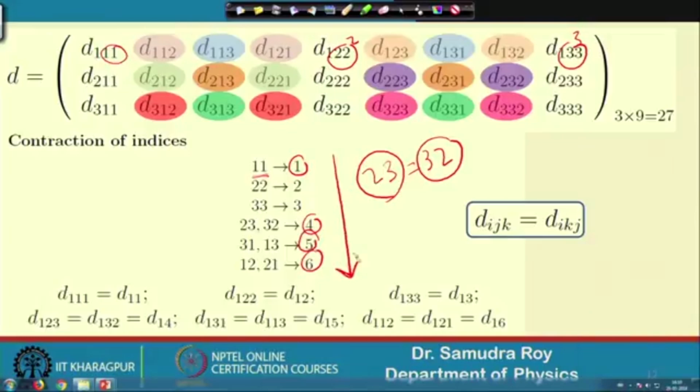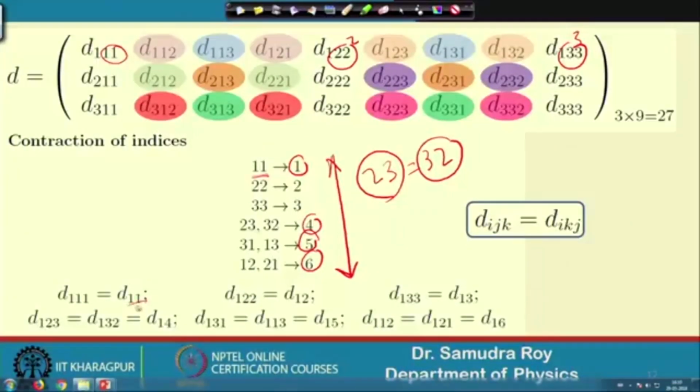Since there are 6 independent components, I write these 6 independent components in a shorter notation, or I shrink the indices. So, D 1 1 I write as D 1 1, D 1 2 2 I write as D 1 2, D 1 3 3 I write as D 1 3, D 1 2 3 I write as D 1 4, and D 3 2 1 is the same.